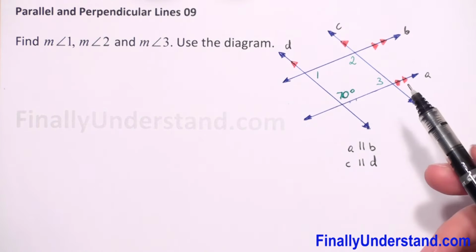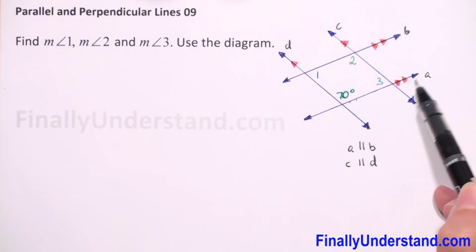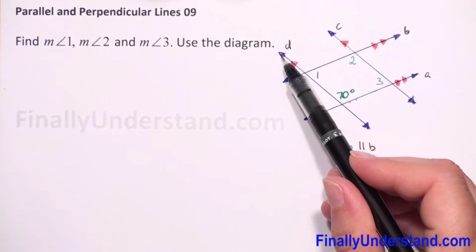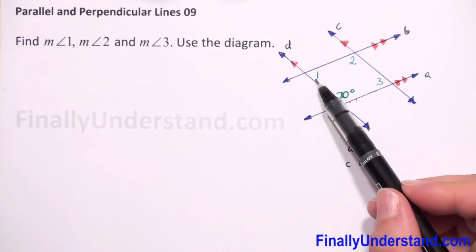So let's look first to these two parallel lines which are cut at this transversal line. We have to find angle 1.